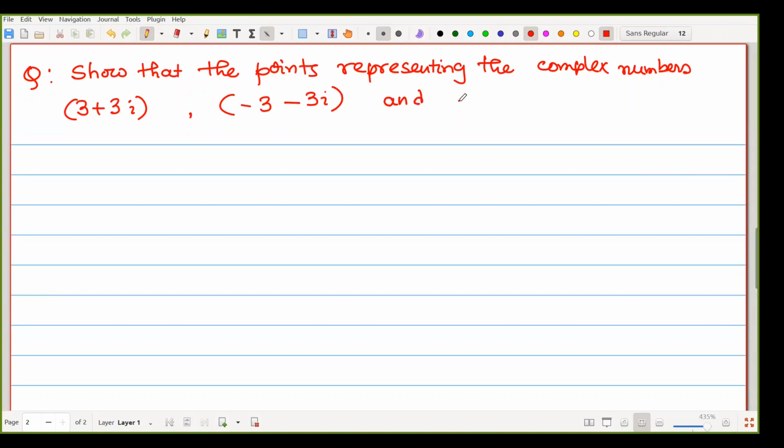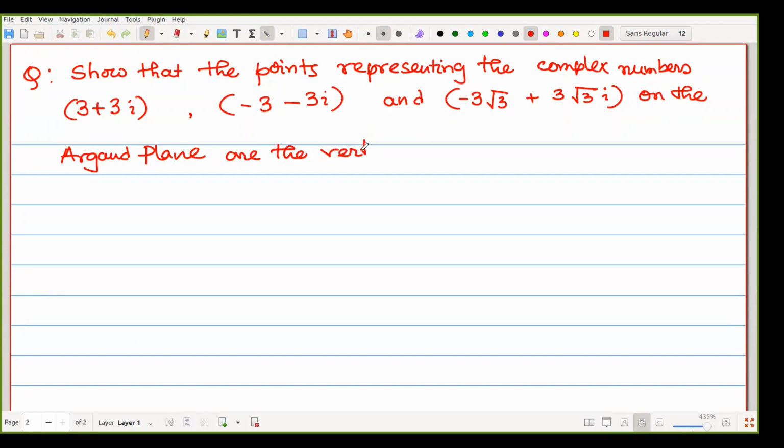And the third one is minus 3 root 3 plus 3 root 3i, on the Argand plane, already described in the previous class, are the vertices of an equilateral triangle.